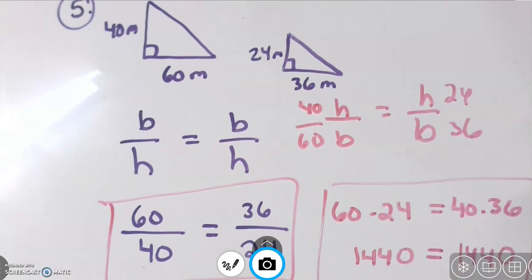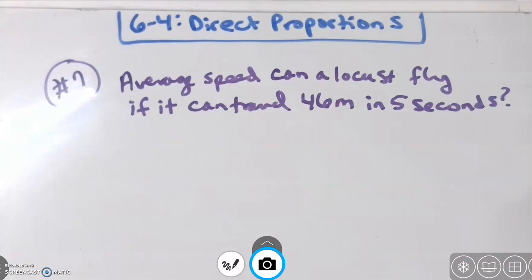The top of workbook page 174 says, average speed is the unit rate in a proportion involving distance and time. Write a proportion to find the missing average speed. Super easy, you guys. Here it says, at what average speed can a locust fly if it can travel 46 meters in 5 seconds?